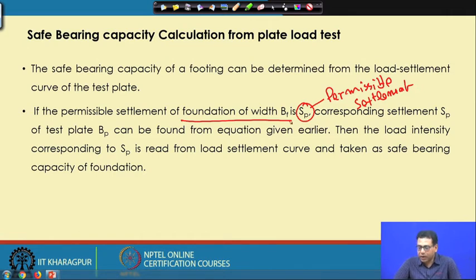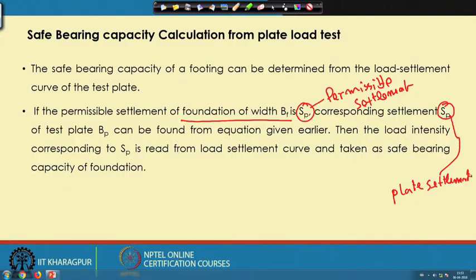Now, what will be the settlement of the plate? Here, in both cases SP is used. So, from this permissible settlement, we can determine the corresponding settlement of the plate by using the correlations that we have just discussed.